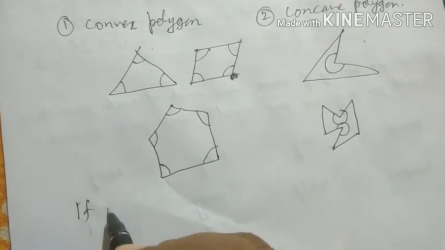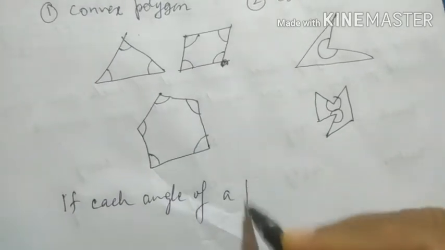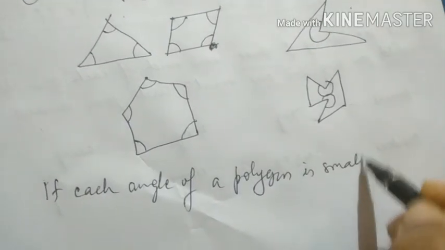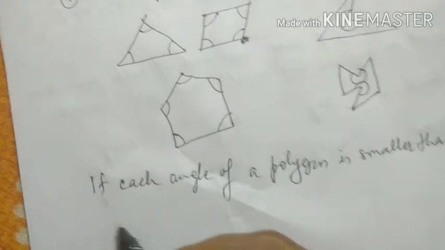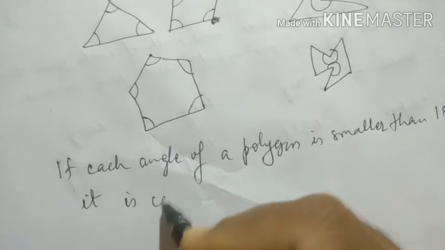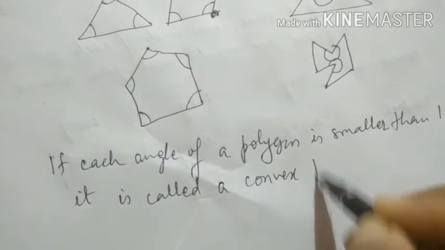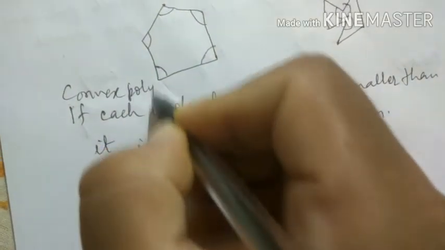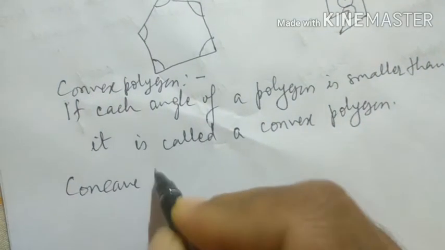So if each angle of a polygon is smaller than 180 degrees, it is called a convex polygon. Okay. And what is a concave polygon?